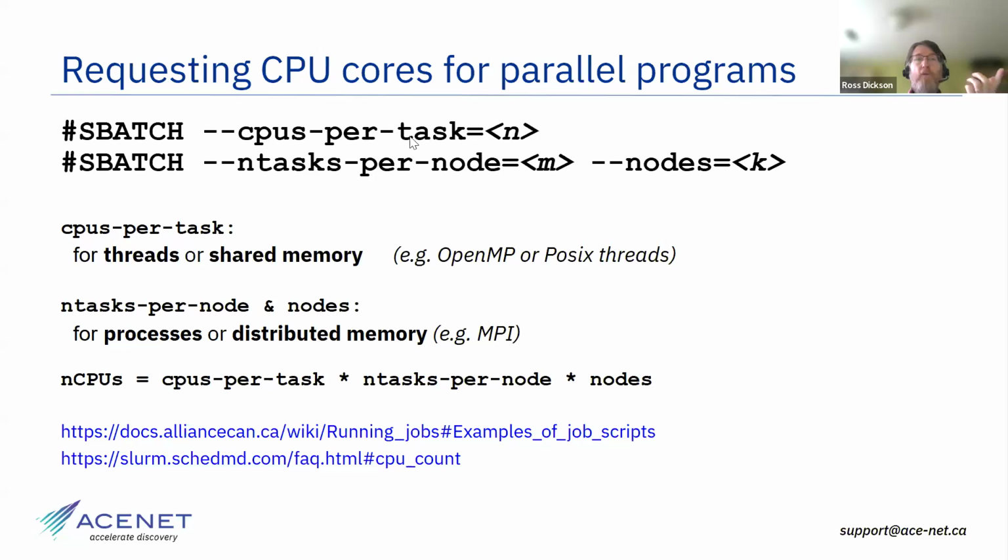The first one, --cpus-per-task, will give you all CPUs on a single host, which is good for the first class, threaded or shared memory. --ntasks-per-node will give you CPUs on multiple nodes, and then you can ask for multiple nodes as well. It can be one node, by the way, if you like, that's fine. And then the total number of CPUs that you're requesting is just the product of those numbers. Those three numbers: cpus-per-task, ntasks-per-node, number of nodes. Beg your pardon, there are three there.